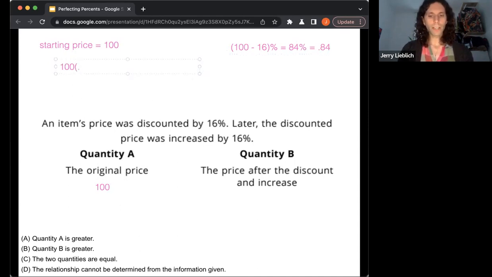So 100 times 0.84 gives us 84. One of the reasons it's nice to start with 100. And then we increase it by 16%, so we take that 84 times 1.16. To increase something by a percent, you do 100 plus 16%.